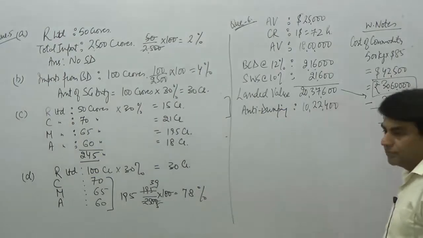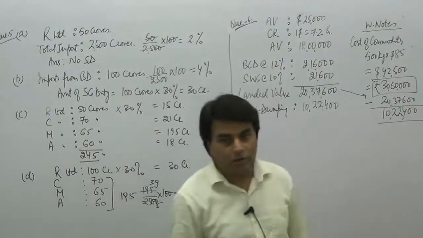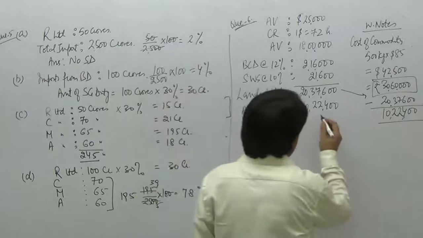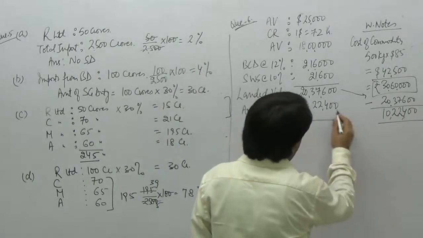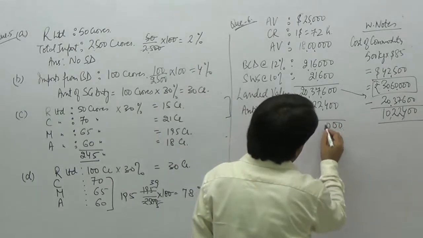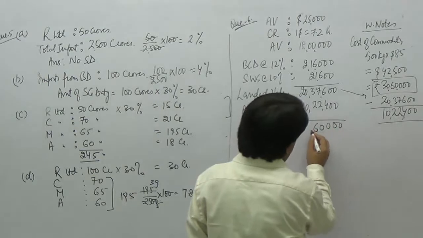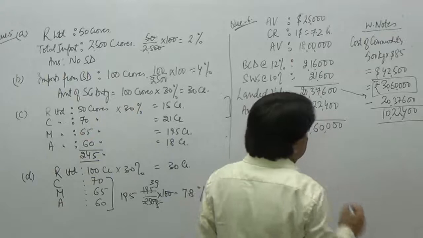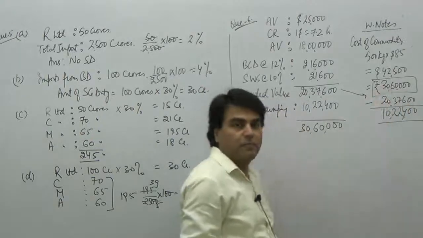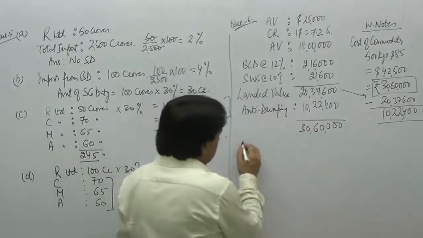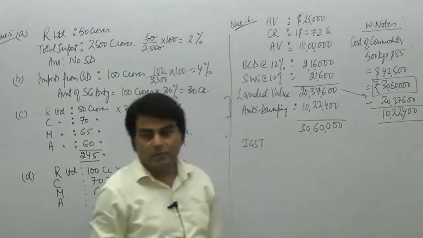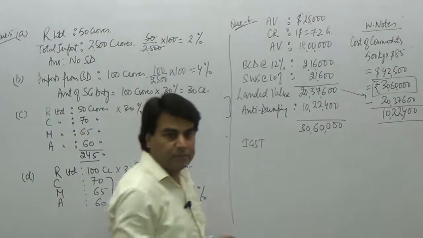No problem. Okay. Now you can apply the IGST. Before making IGST, let us make a total here also. This is now 30,60,000, this amount. Okay. Now apply IGST. The rate of IGST, 12%, is given.